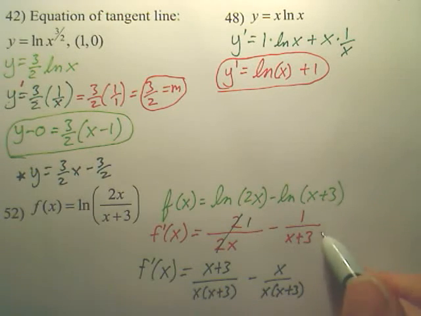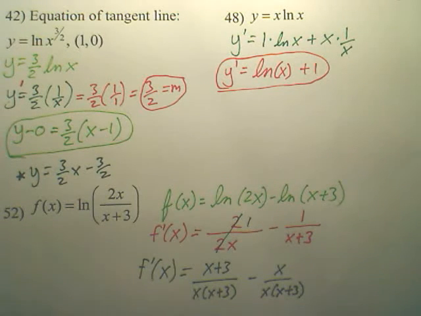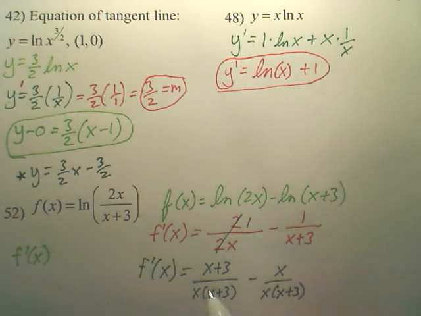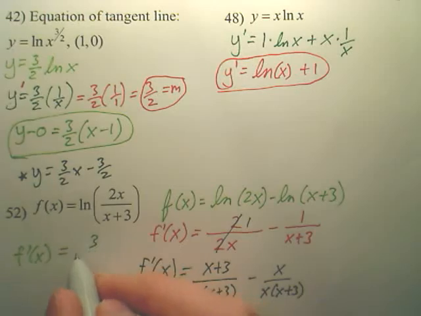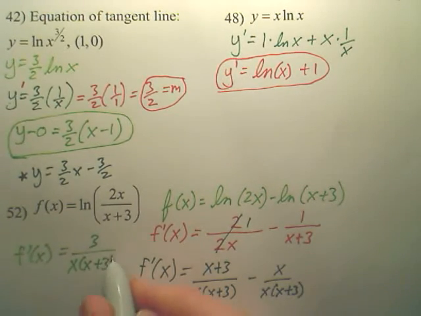Multiply this one by x over x. Multiply this one by x plus 3 over x plus 3. So my answer looks like it would probably be, combine the tops, x plus 3 minus x. Wouldn't there be 3 on top? And the bottom would just be x times x plus 3.